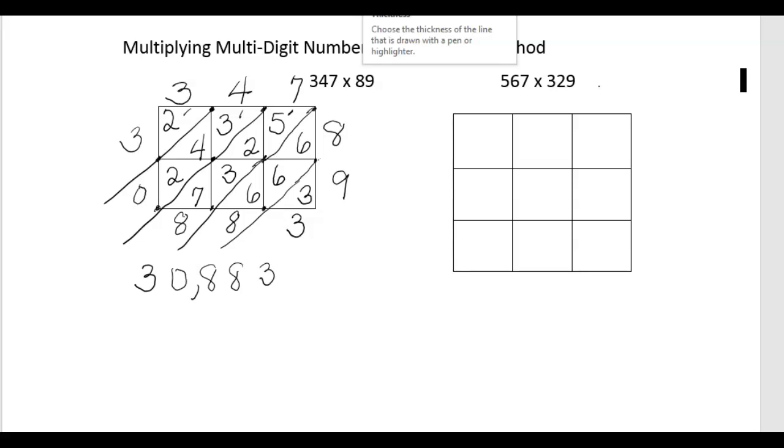Okay? So, as you can see here, I divided my box into 3 columns, 1, 2, and 3. It is because my first number is 567, which is a 3-digit number, times 329, which is also a 3-digit number. So I divided my box into 3 rows.